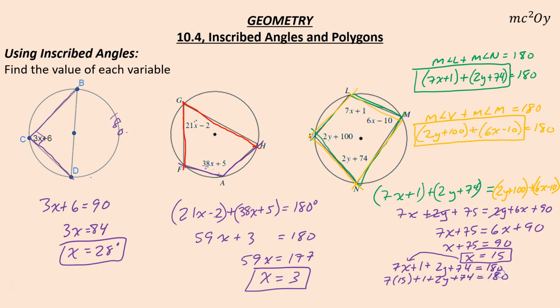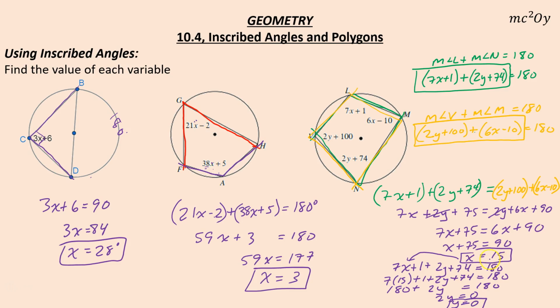Okay, well, 7 15s, that's 105, plus 1 is 106, plus another 74. Okay, well, that's 180 plus 2y equals 180. Well, subtract 180 over, you get 2y equals 0. So 1y is, well, that's 0.